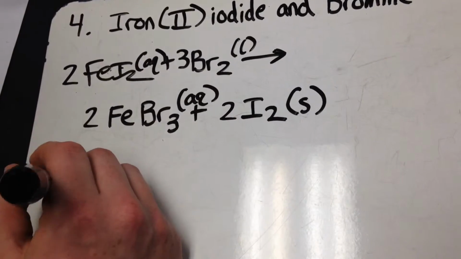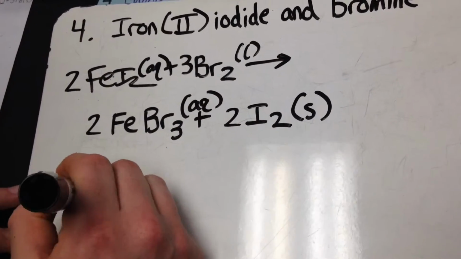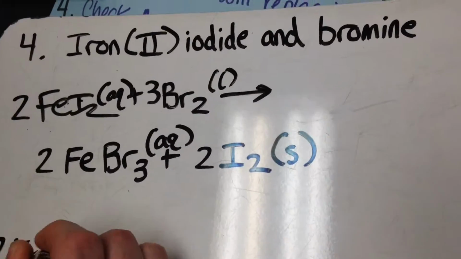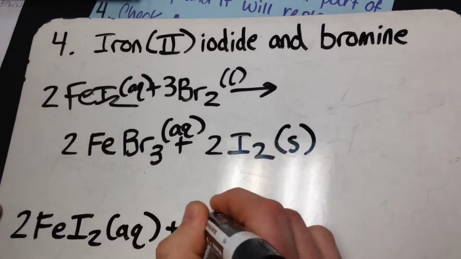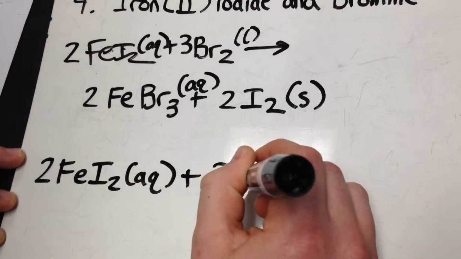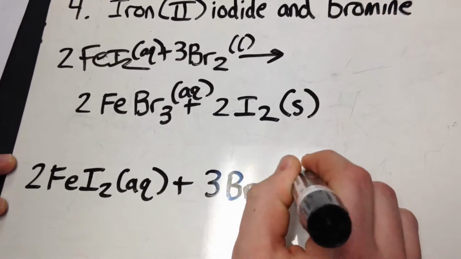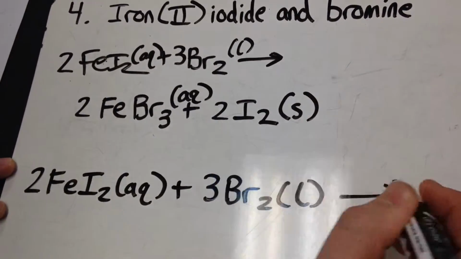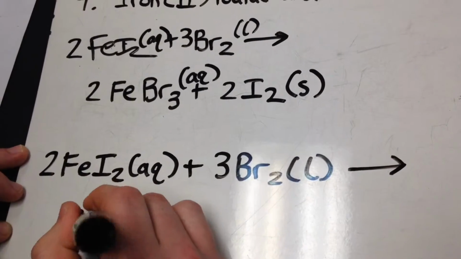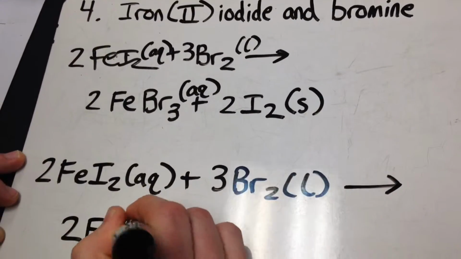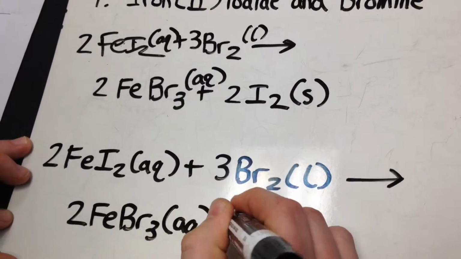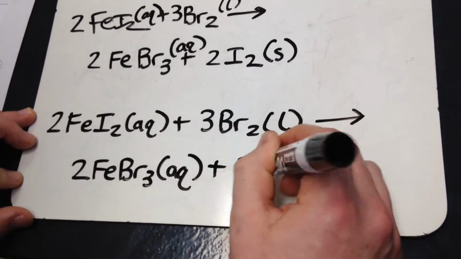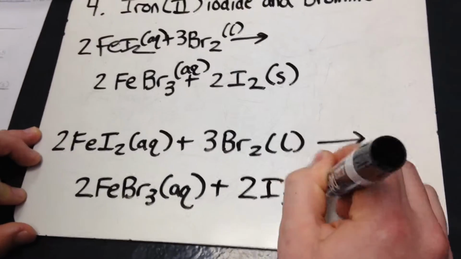So, to make this neater, our final answer is 2FeI2 aqueous plus 3Br2 liquid yields 2FeBr3 aqueous plus 2I2 solid.